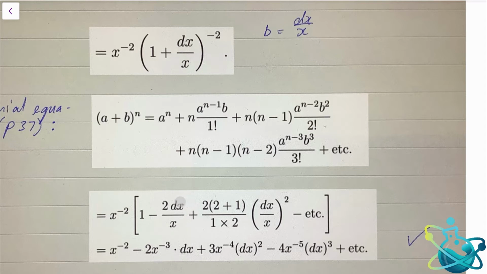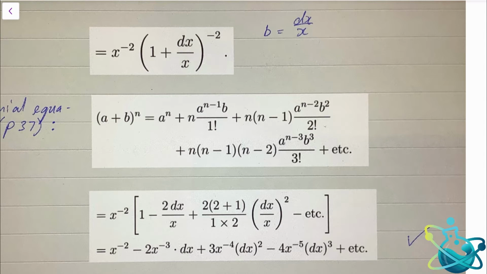Every time something moves from below to above the line, the sign of the exponent changes. So x to the power 1 becomes x to the power minus 1. Multiply that with x to the minus 2, and x to the minus 2 times x to the minus 1 gives you x to the minus 3. You add the exponents. There's your minus coming from there, and there's your 2. And don't forget the dx there. This is your second term.